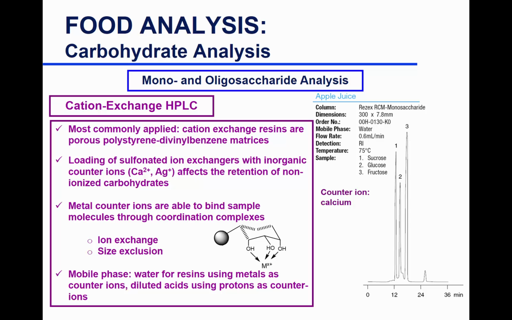Usually cation exchange HPLC is a combination of ion exchange and size exclusion. Since it's a combination, the largest will come first. So in this case you'll have sucrose, glucose, fructose order. The largest in geometric size will come out first.